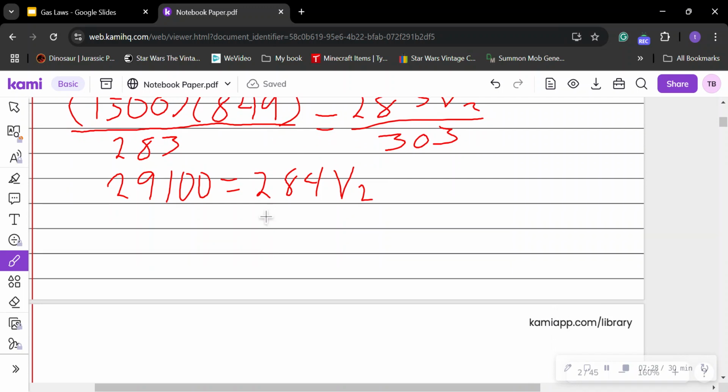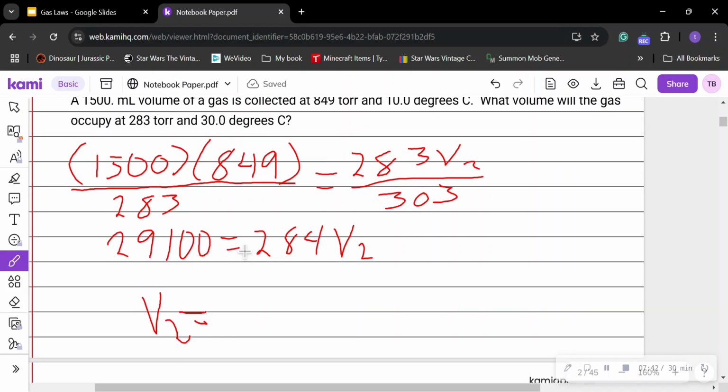Then when we divide both sides by 284, we get... no, wrong, sorry. I was looking at a different problem.